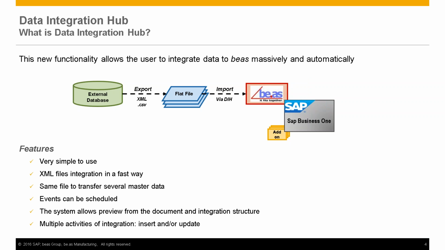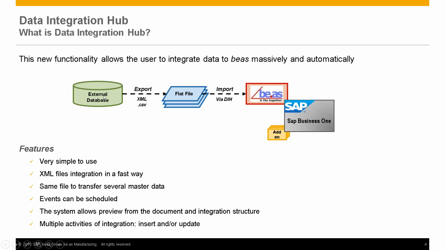Okay, so now, what is this new tool? This new functionality allows the user to integrate data to beas massively and automatically. So here we have the external database, okay, that probably could be a PDM or CAD or some other systems.